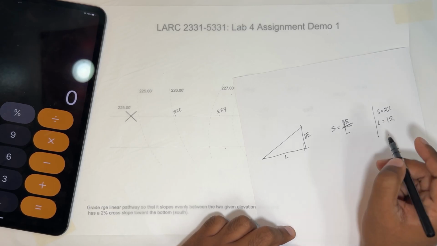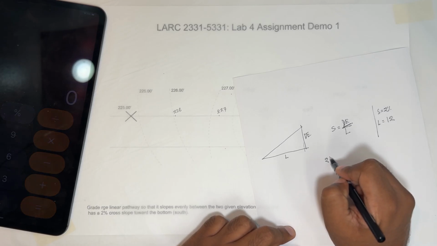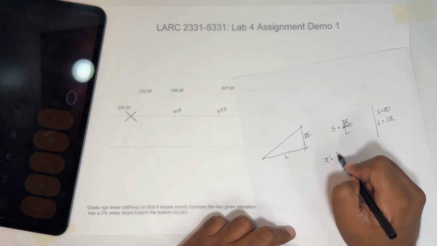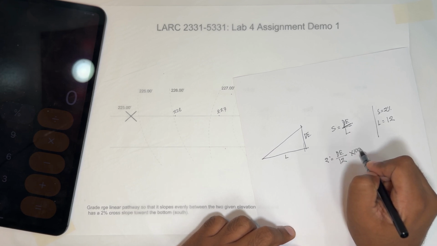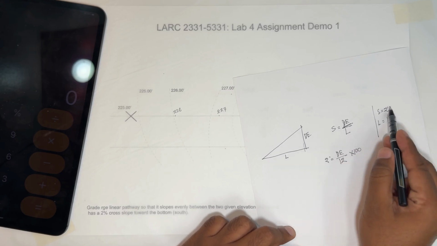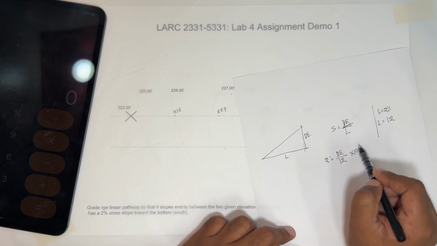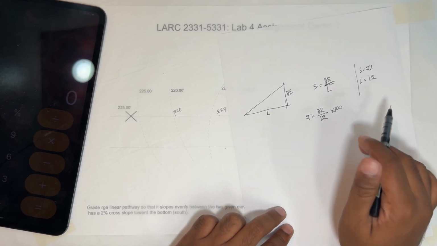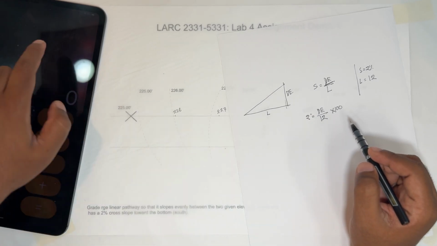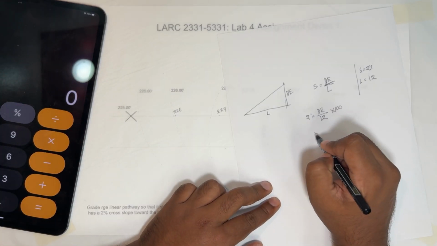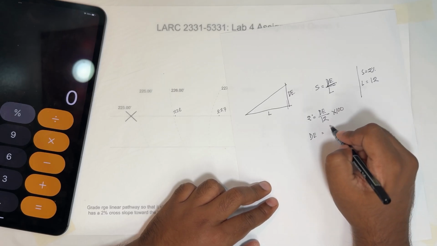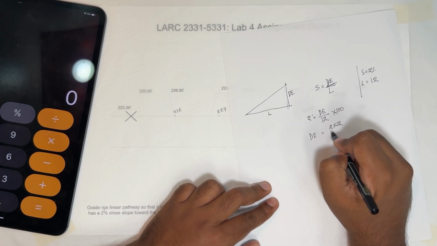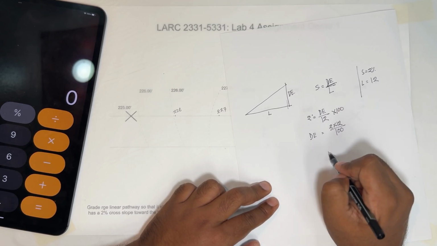From this, we can say 2% equals dE divided by 12 into 100. And remember, whenever we are talking about a percent, we also have to multiply by 100 so that it remains a percent. So we can say that dE equals 2 into 12 divided by 100.